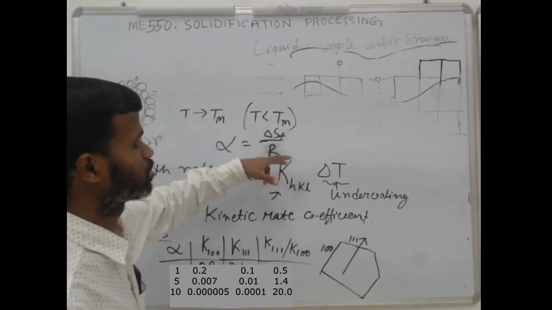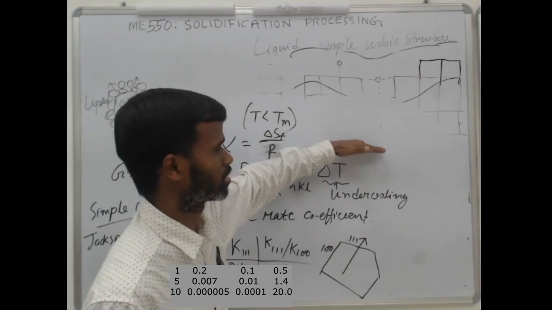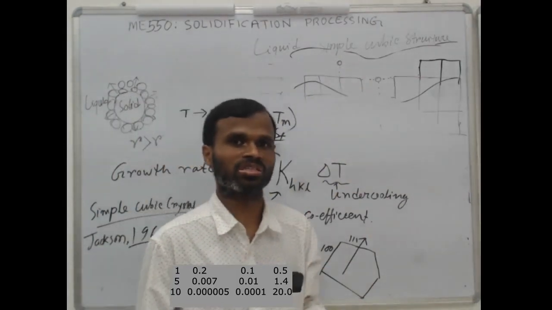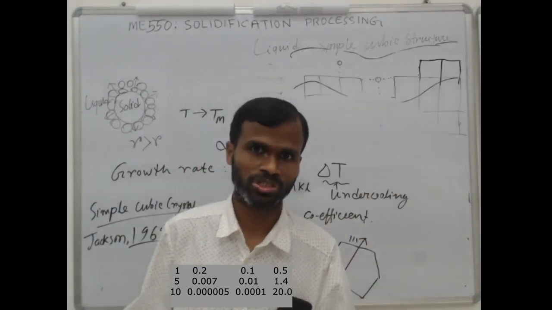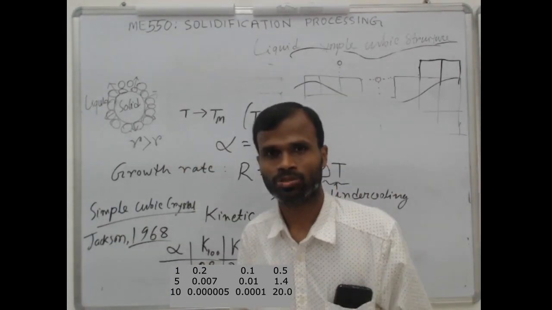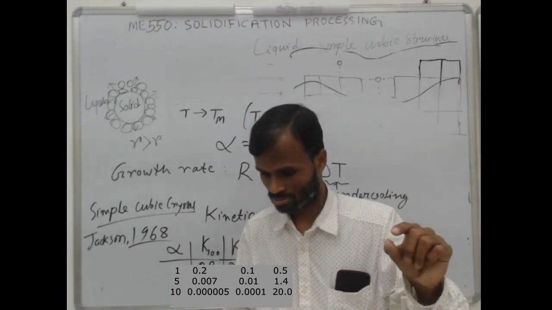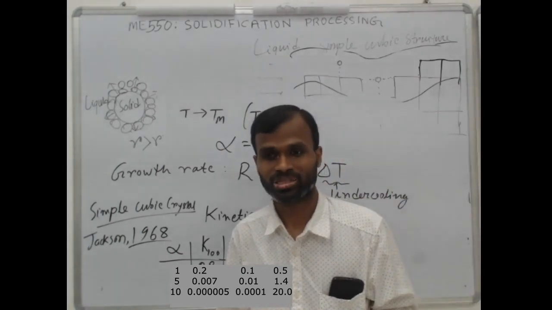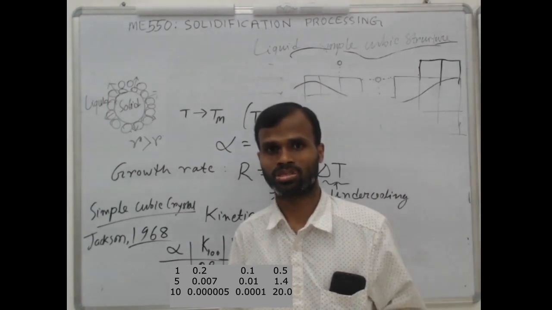Entropy of fusion being very high means there is a sharp change from the liquid to the solid phase. The moment you melt the solid, the randomness is hugely different. That is why entropy of fusion is very high. So if it is so, the interface will be very flat. If the interface is very flat, then the attachment of atoms will be very difficult. But then in that case, how will you grow your crystal?